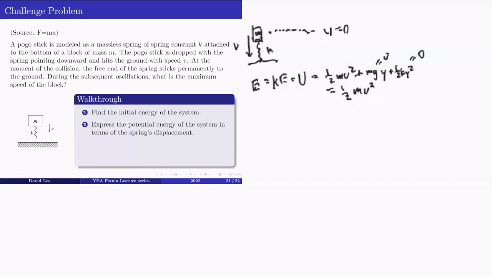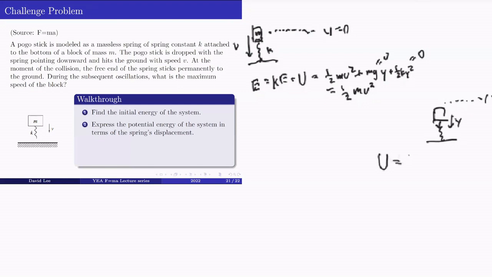Okay, so I've actually already written this down. If the spring has some displacement y, and this is its initial y=0, what's its potential energy?